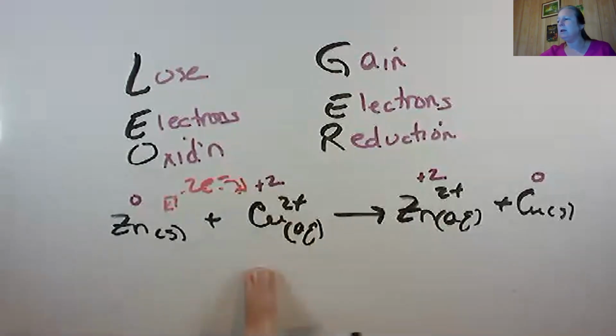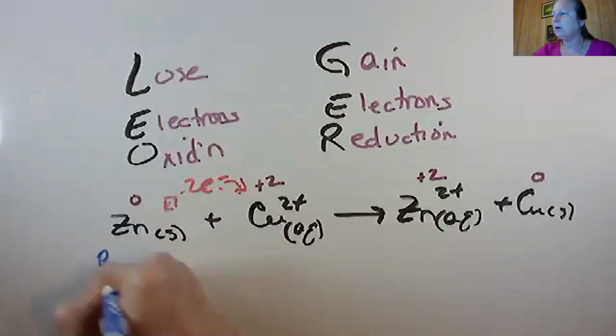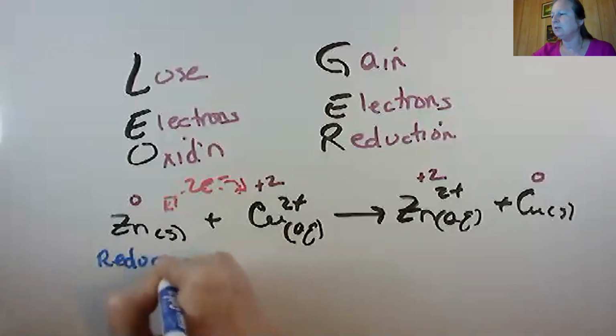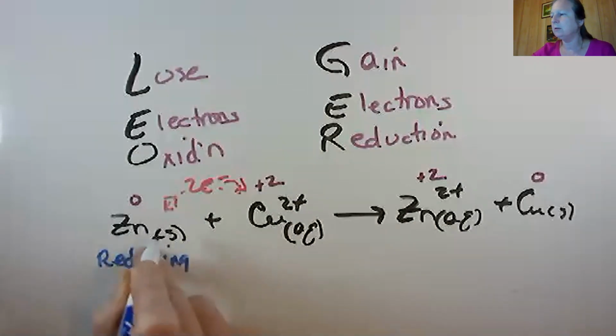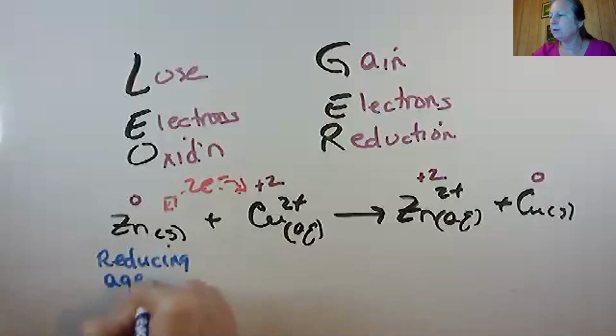By gaining, this one is enabling the zinc to lose. So you have a partnership. So the one that loses electrons is being oxidized, and we call it the reducing agent. And it's also called the reducer.